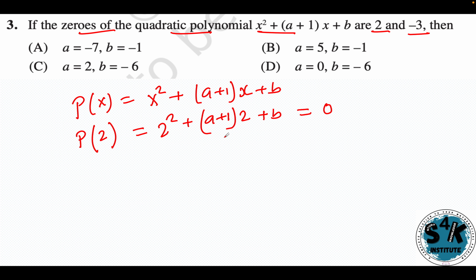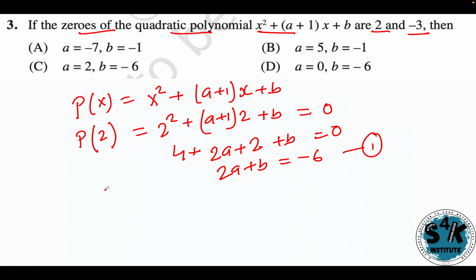If I simplify this, I get 2a plus 2 plus 4 plus b is equal to 0. So 2a plus b is equal to minus 6.